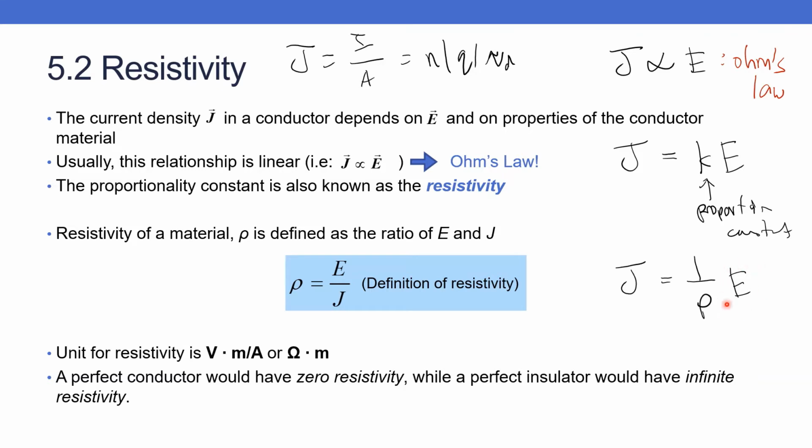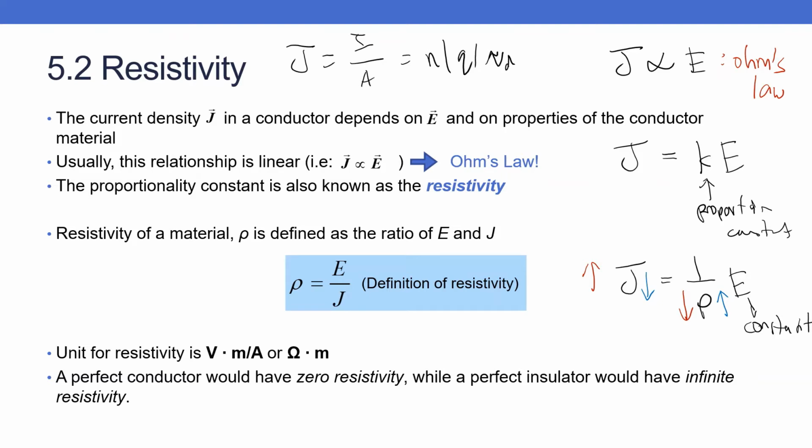If we have the electric field E as a constant, now let's play around with the number of rho. If we reduce rho, then J will actually increase. But if we increase the amount of rho, then J will decrease.